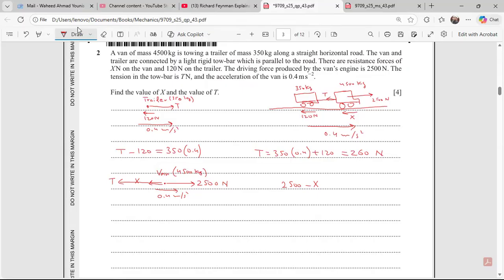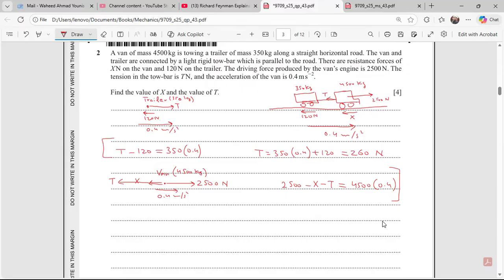So 2500 minus X minus T. This is the net force, and this force is equal to mass times acceleration. Mass is 4500 kilogram, and acceleration is 0.4. I hope you understand how I make this equation. This is the most important thing in this problem.